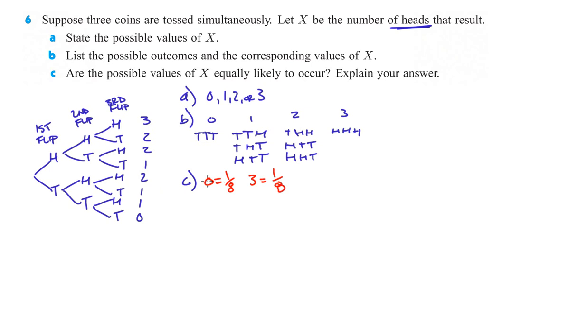But you're getting the idea, I hope. And then for 1, that's 3 out of 8. And to get 2, that's also 3 out of 8. So they are not all equally likely to occur, but 0 and 3 are equally likely to occur, and 1 and 2 are also equally likely to occur.